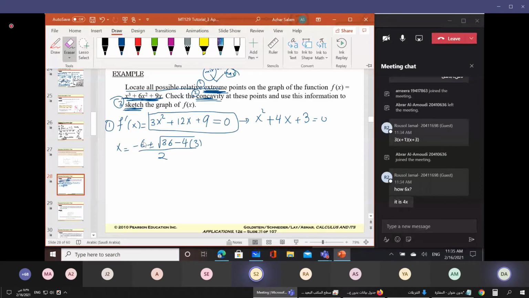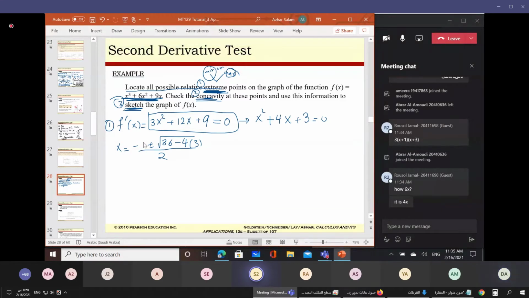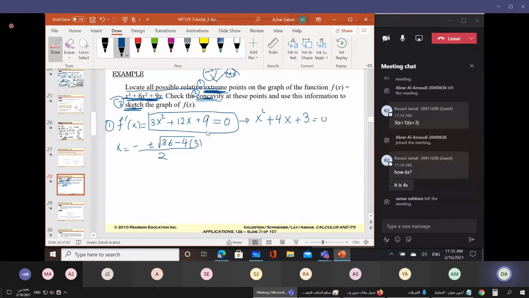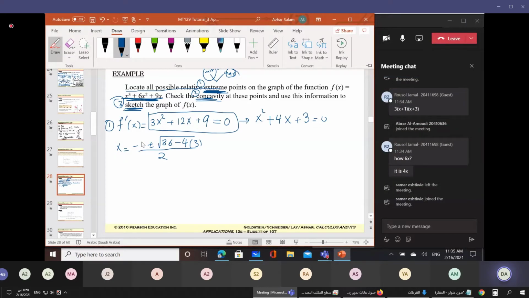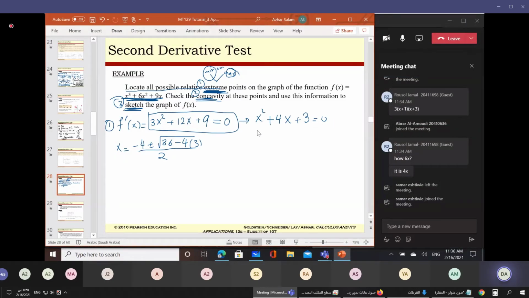If it's 3 and 1, when we add them it will be 4, and when we multiply we get 3. So I can use factorization: x and x, here 3 and 1.